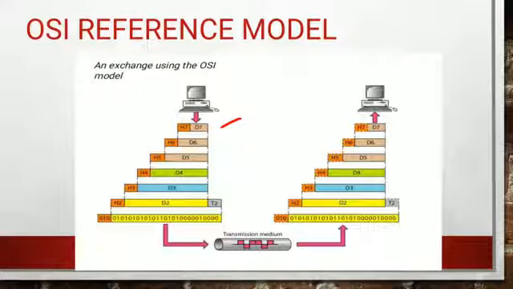The data the sender wants to send is in the form of data with an address, which is the sender's address. Then we add another address in the presentation layer. From that data again we add another header, wrapping up the data and adding the address of the next layer.